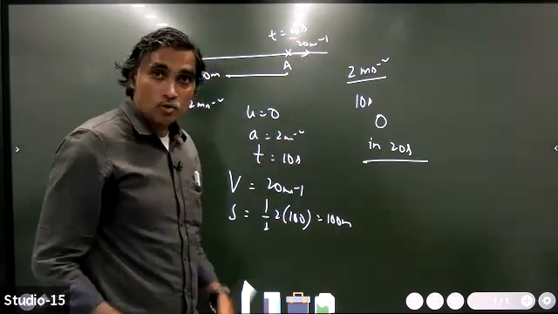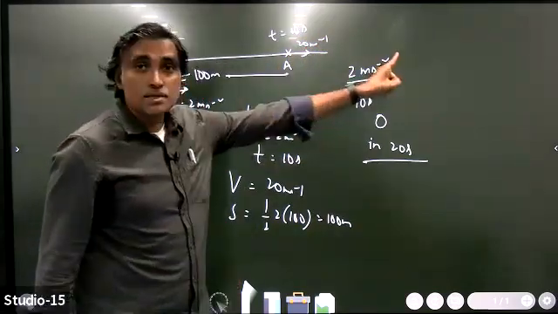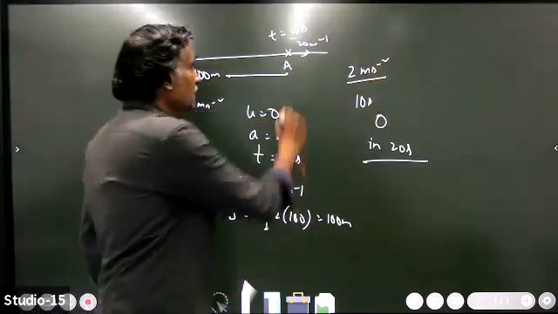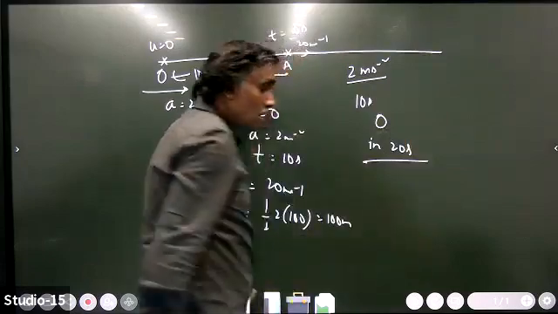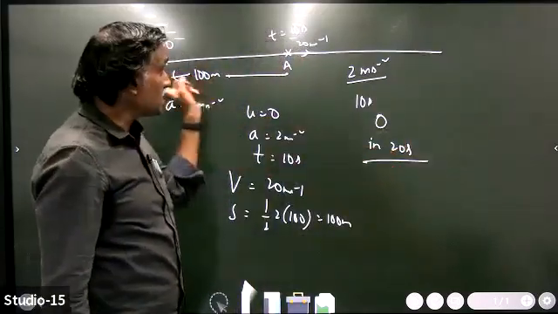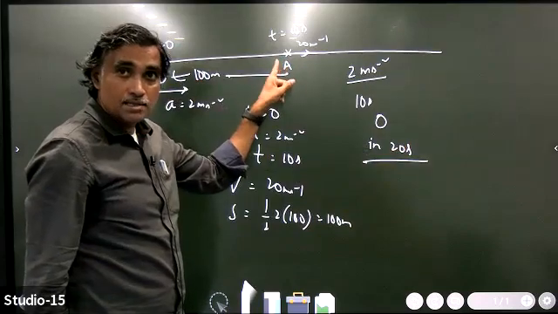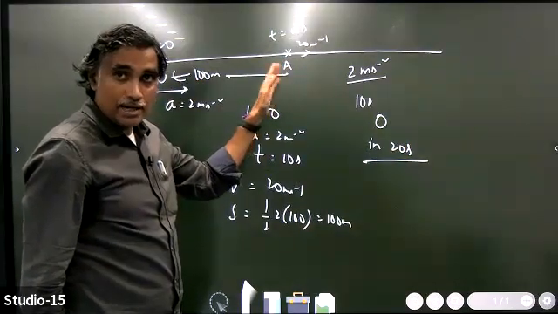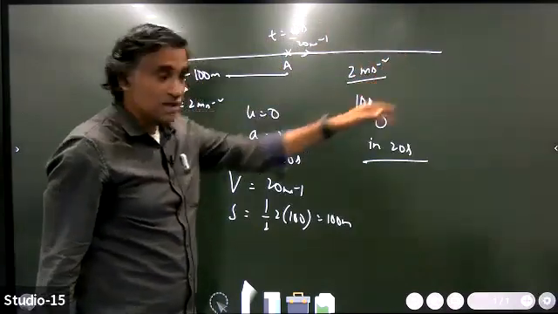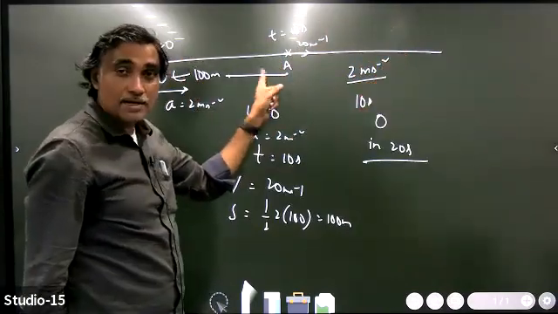Now what happened? Acceleration has become 0. Now it continues to move with the same constant velocity. So what have they asked? Total displacement in 20 seconds. So the first 10 seconds is over. Next 10 seconds, you have to find displacement. First 10 seconds, you have got 100 meters with acceleration.